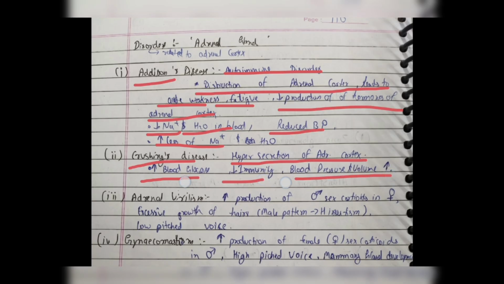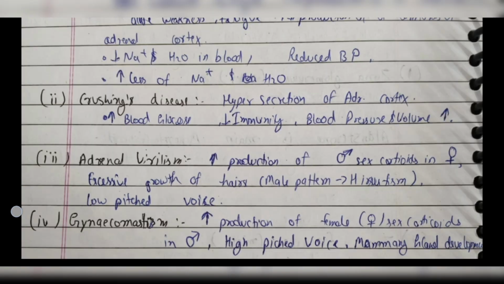The third and fourth diseases are a bit more important. One is adrenal virilism, which is increased production of male sex corticoid in females, and excessive growth of hair in a male pattern. It is also known as virilism, and it causes a low pitched voice and may decrease fertility in the long term.